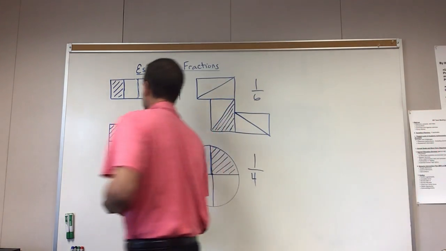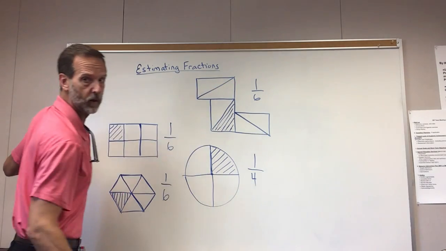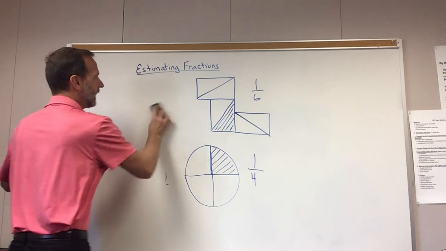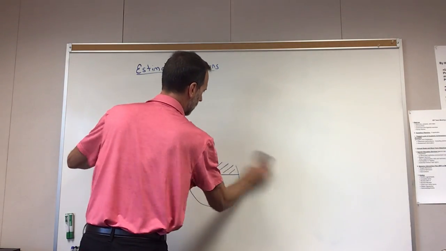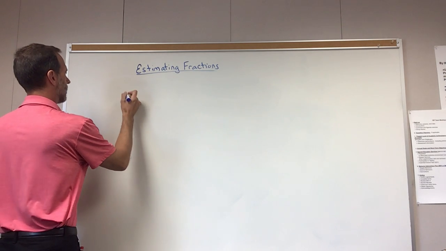Same idea. Sometimes, I don't want you to think your numerator is always going to be 1. Sometimes it can be different. Sometimes you get something that'll look like this.